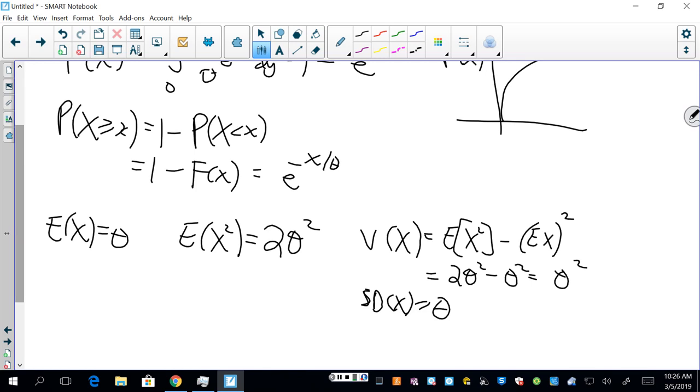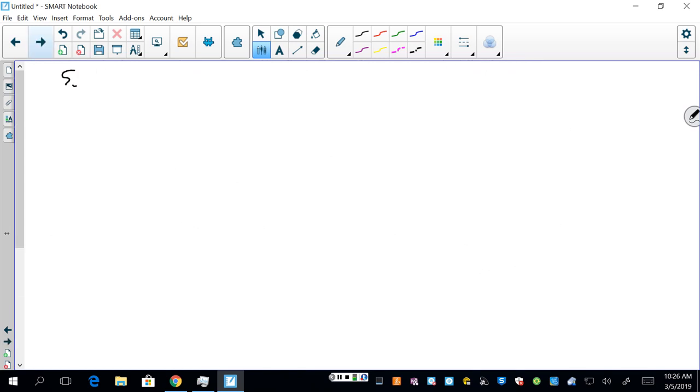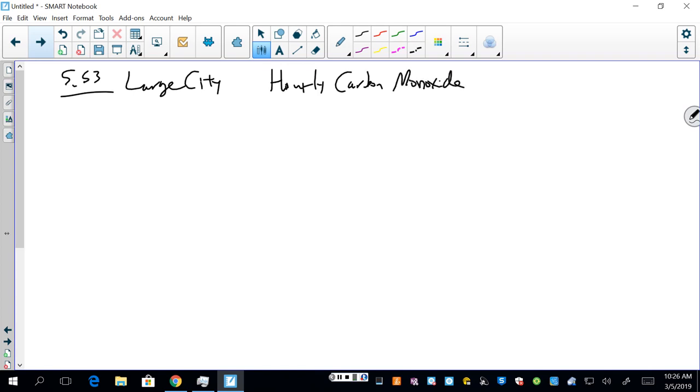All right, so let's look at one. We're not going to go through that calculus, because you have to do the integration by parts twice, and then it works out to reduce x squared to x and get rid of x, and then integral. So problem 5.53 says that there's a large city, and they're looking at the quantum measurements of hourly carbon monoxide at monitors in the city.